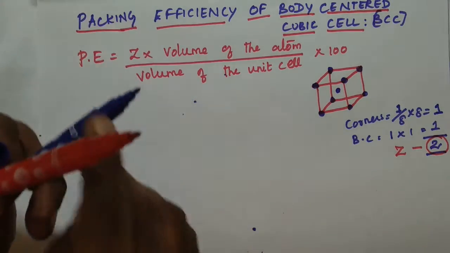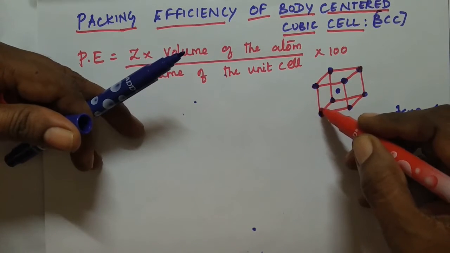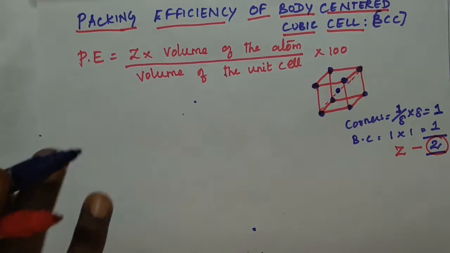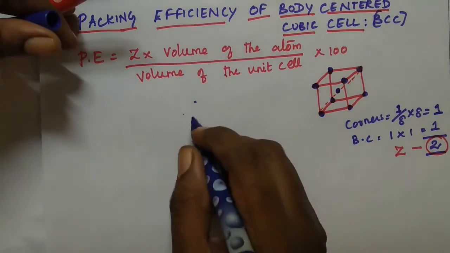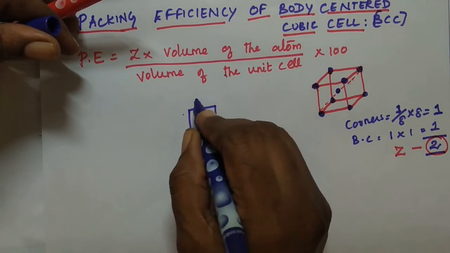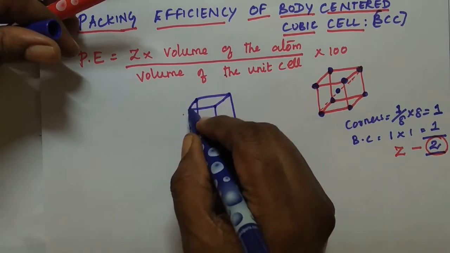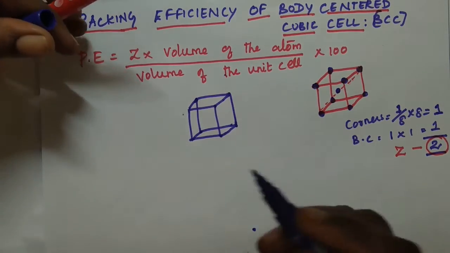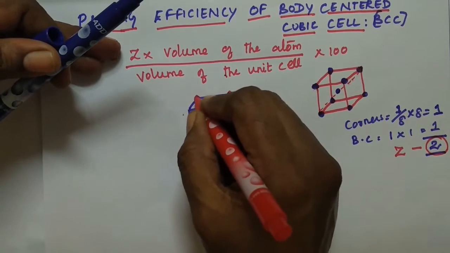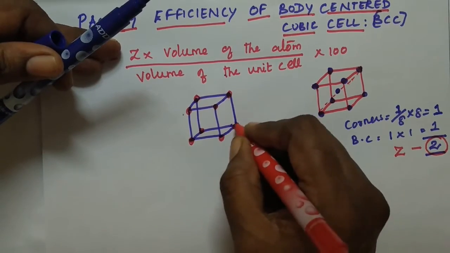Now next, for the body center we need to keep in mind the diagonal, the body diagonal. You know what I mean by diagonal: face diagonal and body diagonal. Let us go with the body diagonal. Let me draw a cube again. Let us check the atomic radius first. When one atom is at the body center, what is its atomic radius?